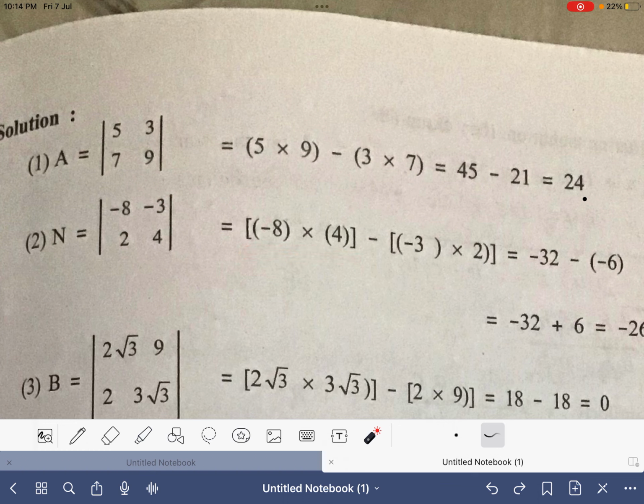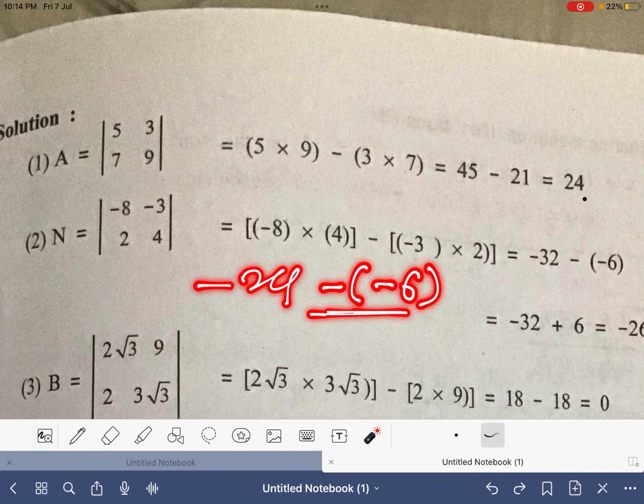So 8 into 4 minus of minus 3 into 2. Minus 8 into 4 is 24, so minus as it is, then minus into bracket 3 2s are 6, so minus 6. Here we have to keep in mind that minus into minus becomes plus, so minus 24 plus 6.